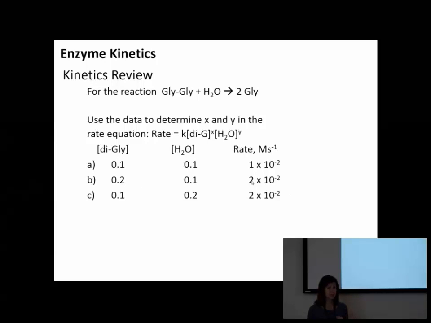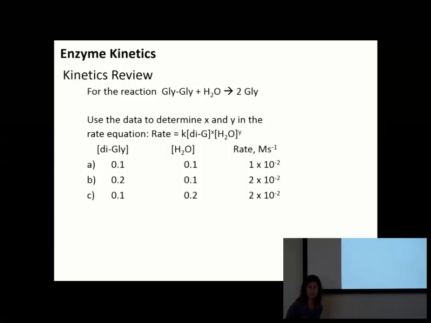If we double the concentration and the rate doesn't change, it's called zero order. So if it went from 1 to 4 times 10 to the minus 2, we would say that it would be second order with respect to diglycine.